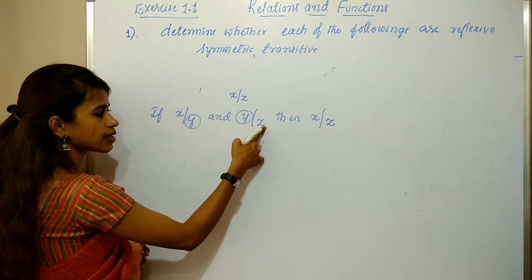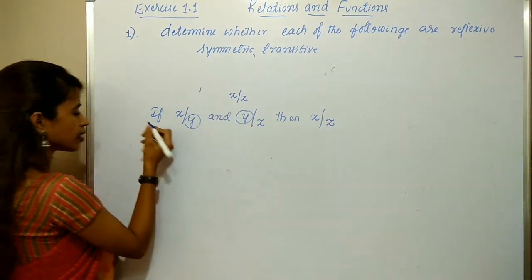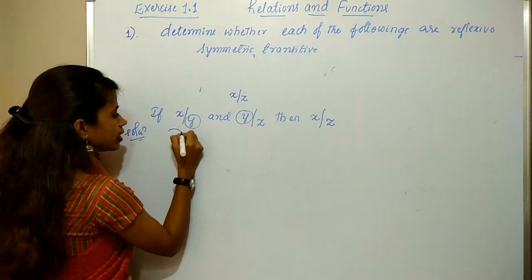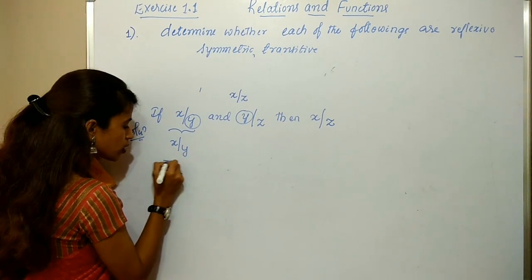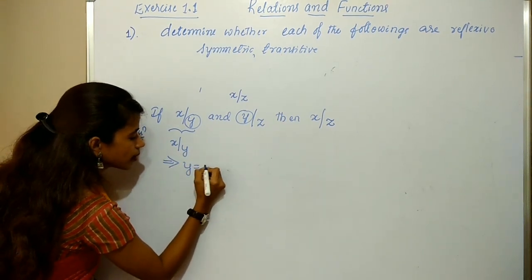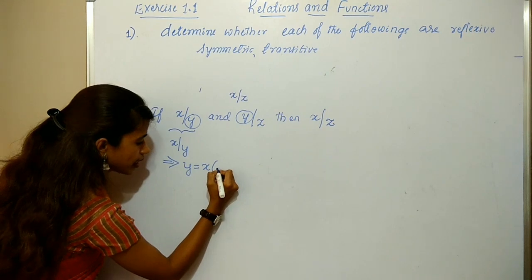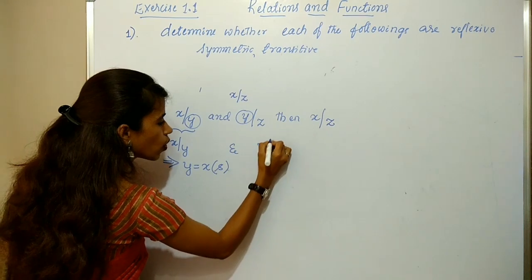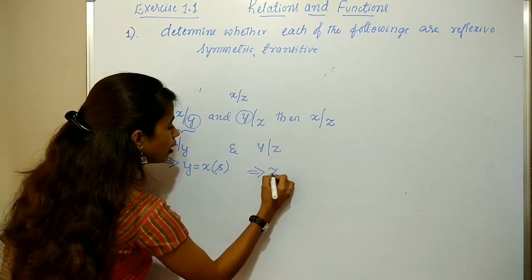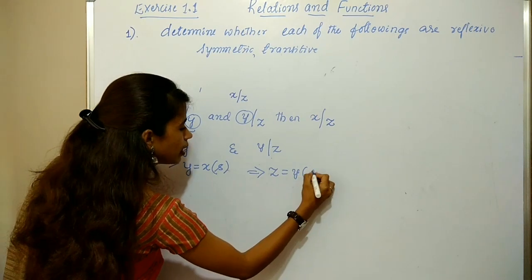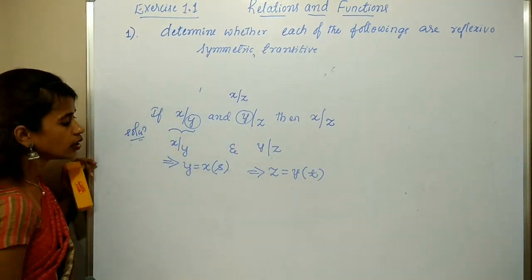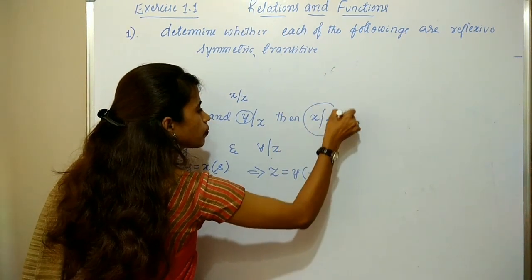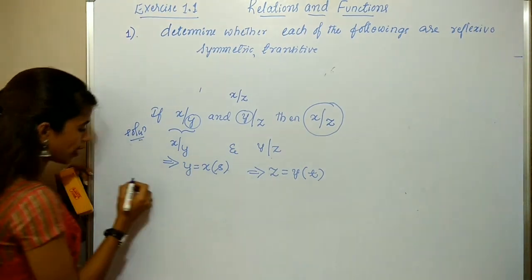Why is it so? There is a proof for this. If x divides y, y can be written as x into some integer, say s. And y divides z means z can be written as y into some integer, say t.